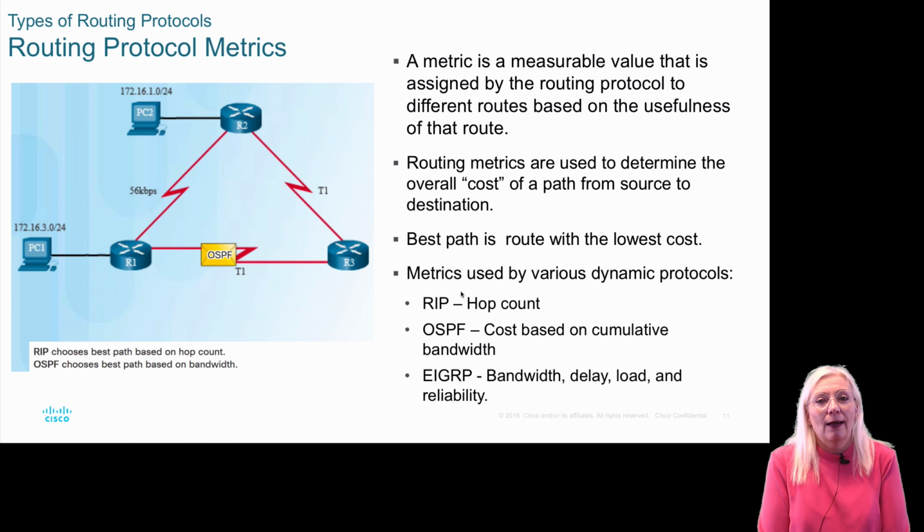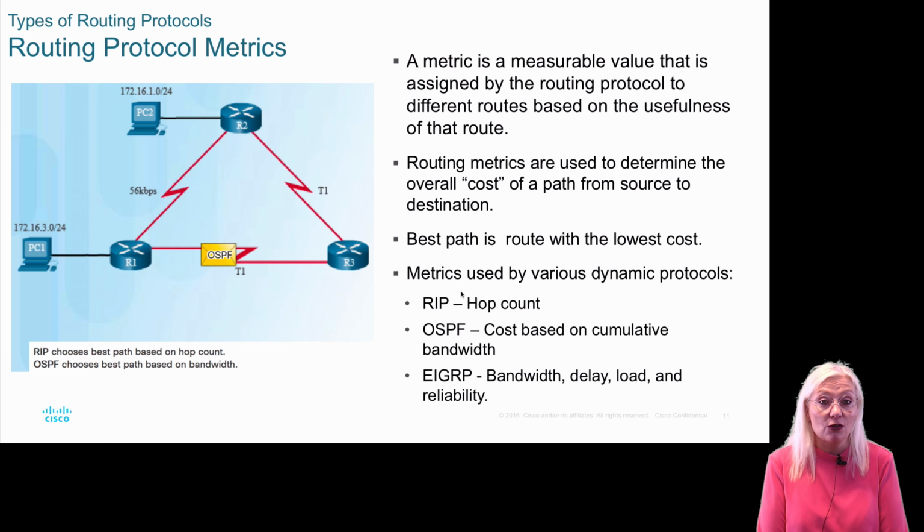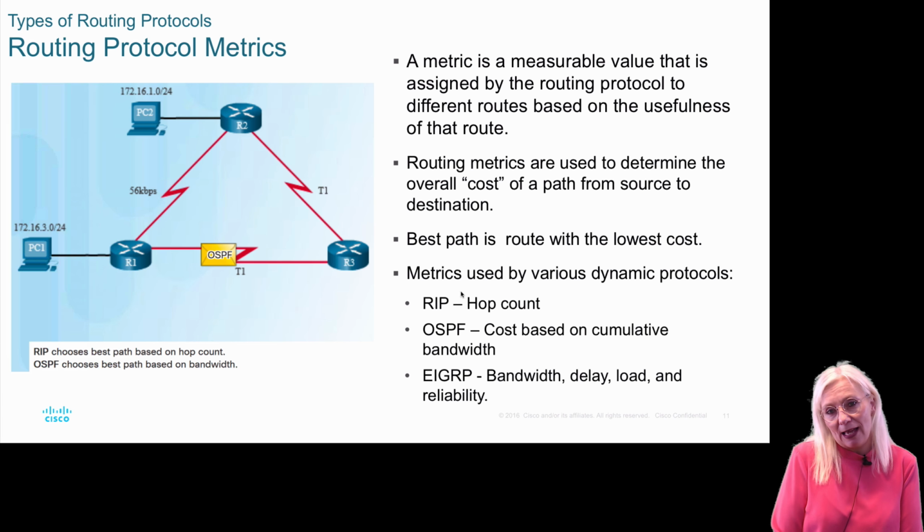When the routing protocol finds out the best path, it uses the metric. The metric is a number that tells us how far away the network is that I want to go to. So the best path of a route is the one with the lowest cost. When we look at RIP, it will only use hop count as the metric.